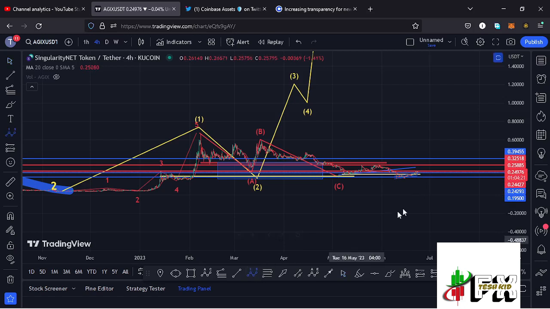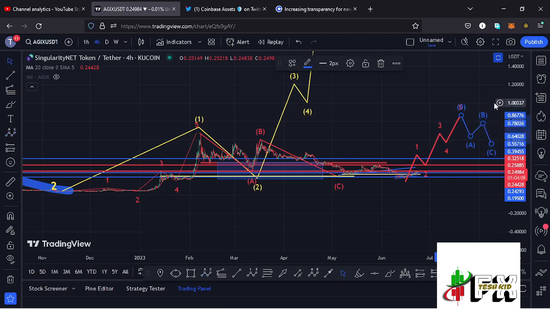And I'll be expecting AGIX to give us a 5-wave move on the charts, followed by an ABC corrective structure, before we can also manage to break above significant highs and continue gearing up. And once you see such a movement on the charts, that will be enough confirmation that the low is in for that second wave and that we have started an impulsive move to the upside in the formation of that wave 3.